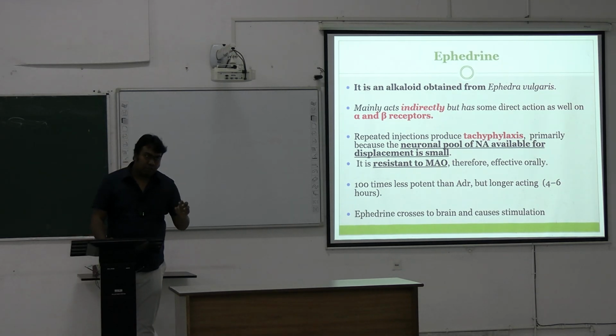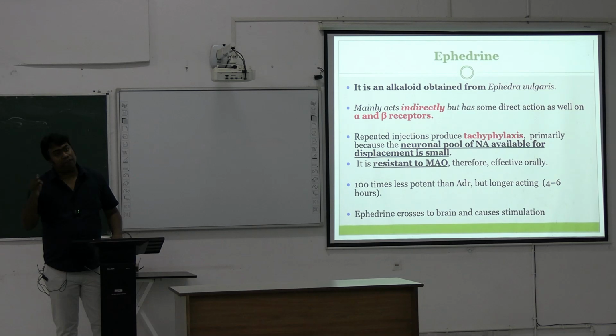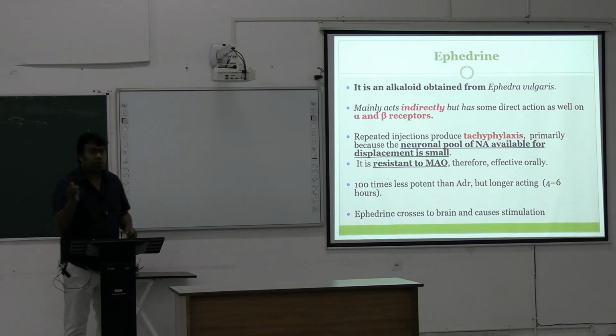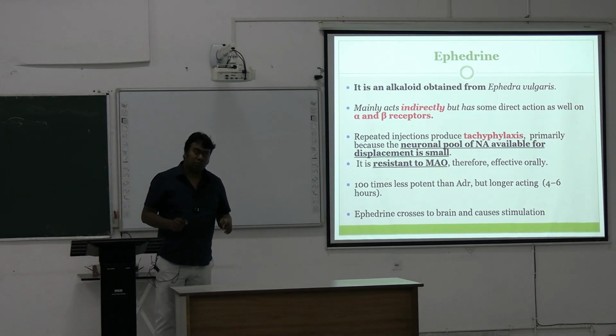Because in the lowest dose they only stimulate D1 receptor present in the renal vasculature. In moderate dose D1 plus beta 1. What does beta 1 stimulation do? Increase cardiac output. But in the highest dose they also stimulate alpha 1. What does alpha 1 do? There will be vasoconstriction, which is not productive in this situation. So moderate dose of dopamine is used.